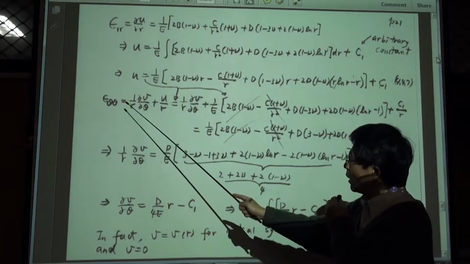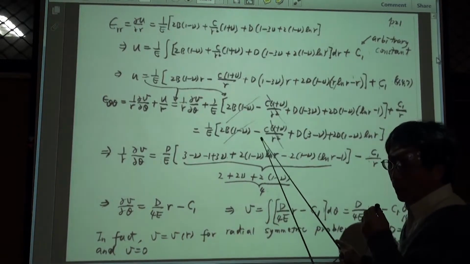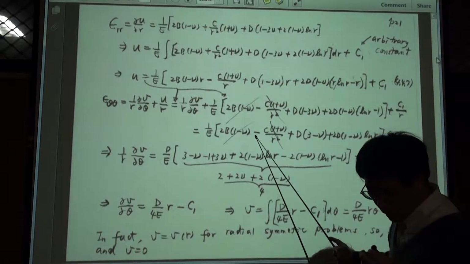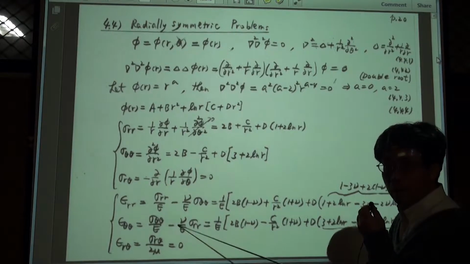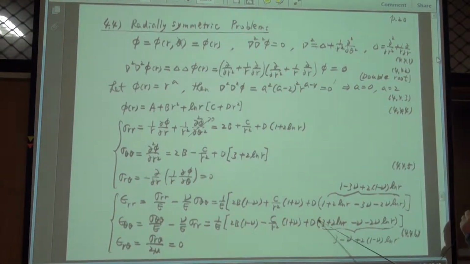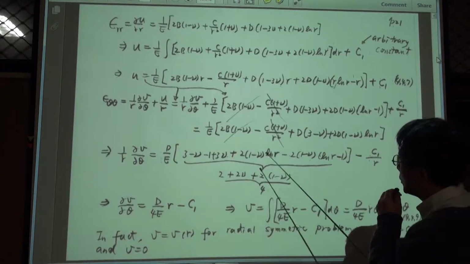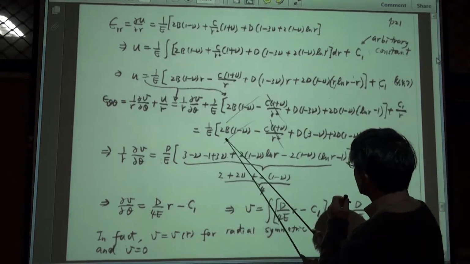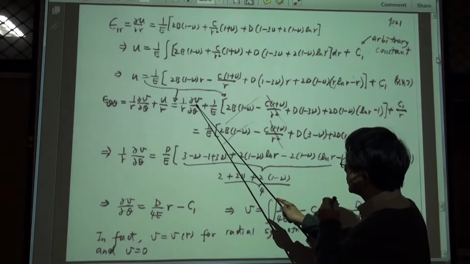On the other side, f of theta equals this one. Where does this formula come from? This formula comes from the formula on the previous page. It is also equal to this term. By using this relation, this is a function of r, and this is a function of r. So this is partial v partial theta.